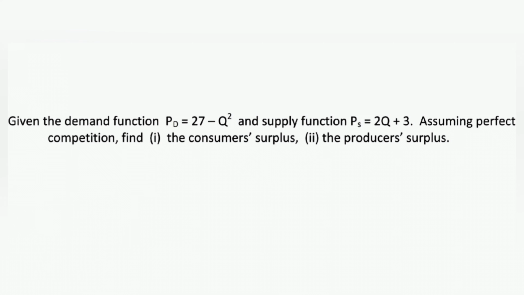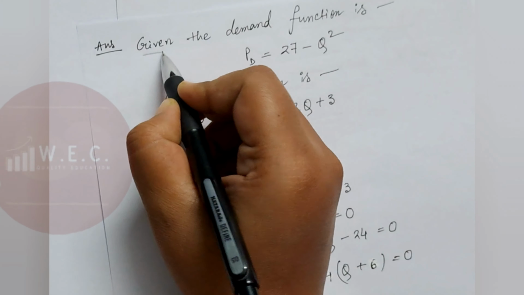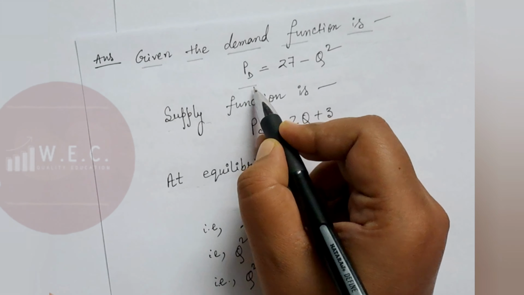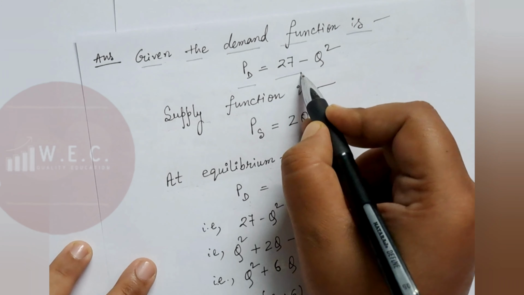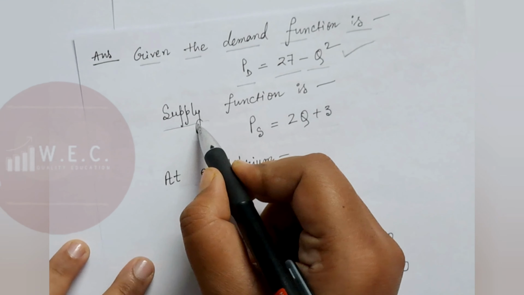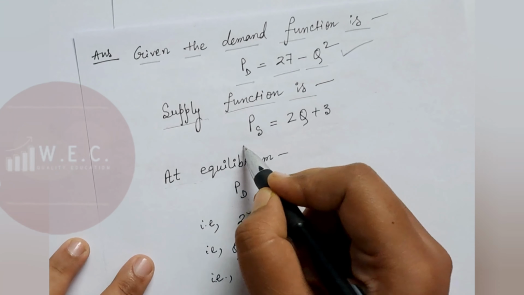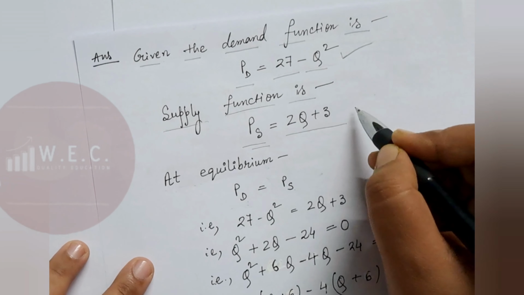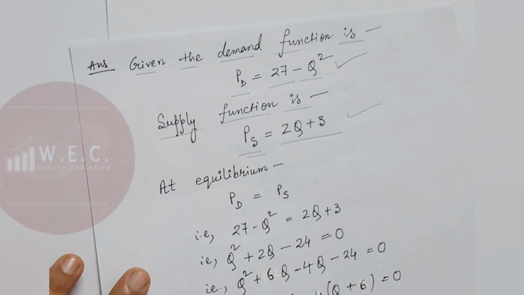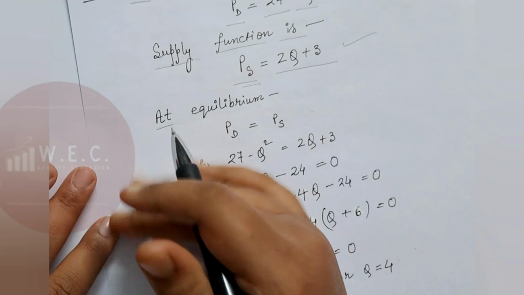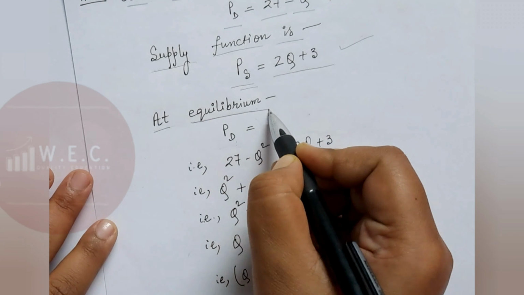Given the demand function is P subscript D equals 27 minus Q square, and the supply function is given as P subscript S equals 2Q plus 3. It is a linear equation, but the demand function is non-linear.